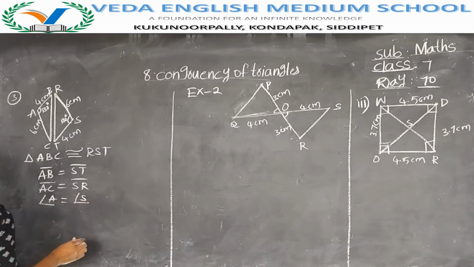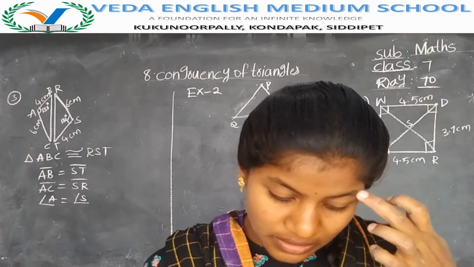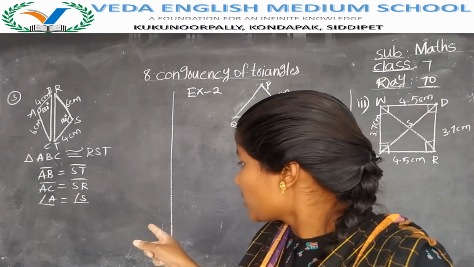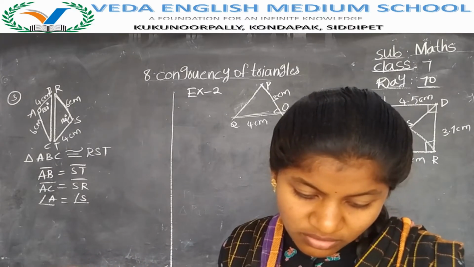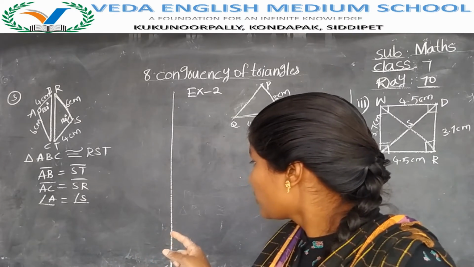Here they are asking that AB is equal to ST, AC is equal to SR, and BC is equal to TR.